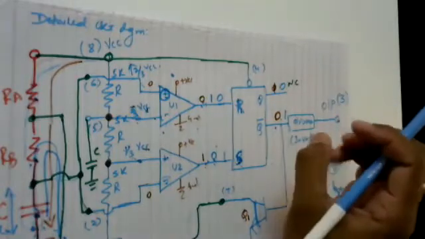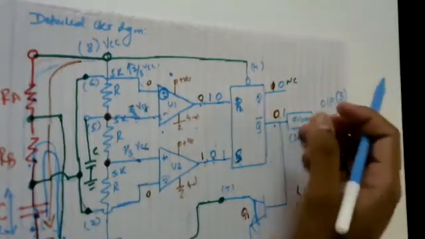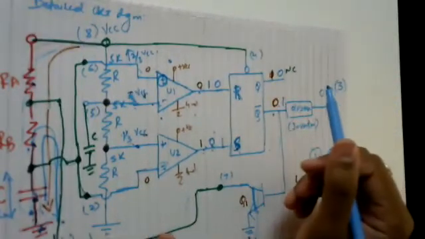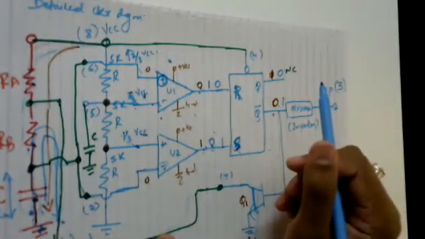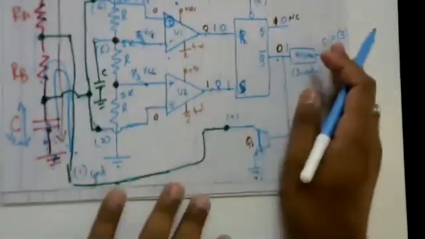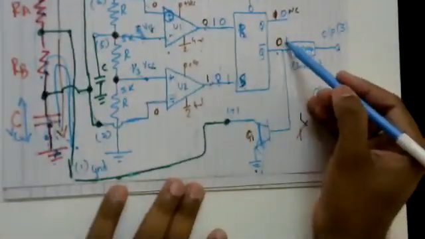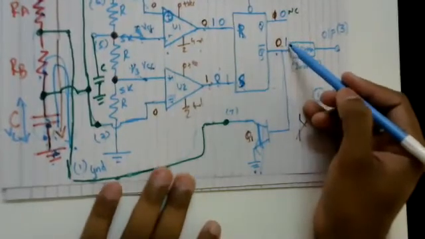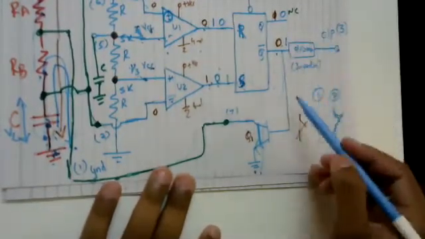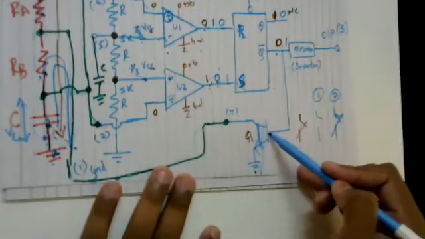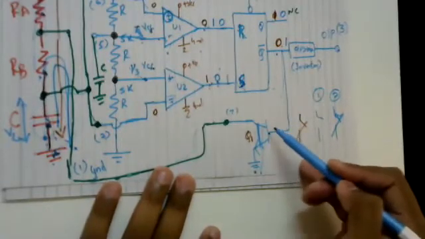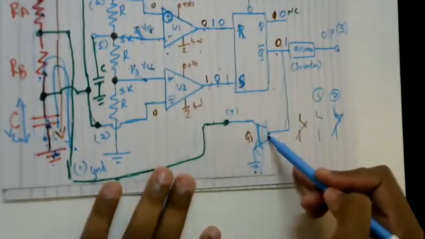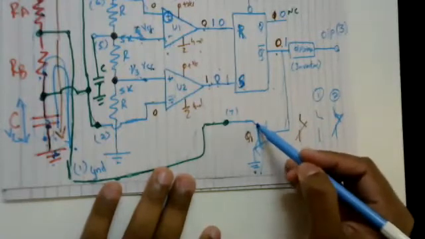Discharging process after the capacitor is shorted. Okay, fine. So first I'll take that part, that is discharging process after transistor is shorted. Now over here, when the output at Q bar is equal to 1, it means that a signal is being applied to the base of the transistor. Since signal is applied to the base, this is going to work like a switch.